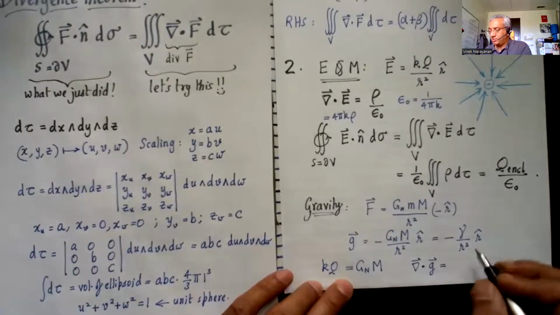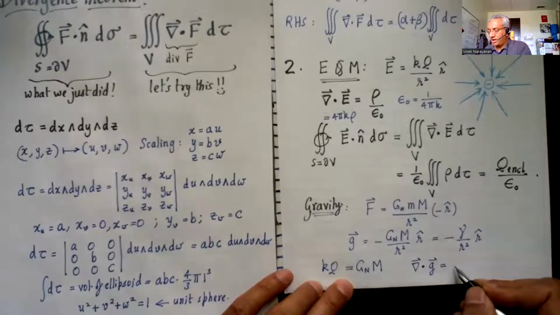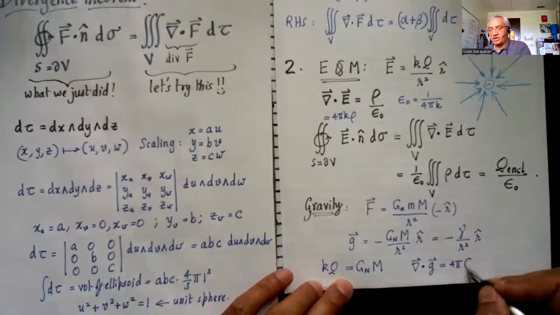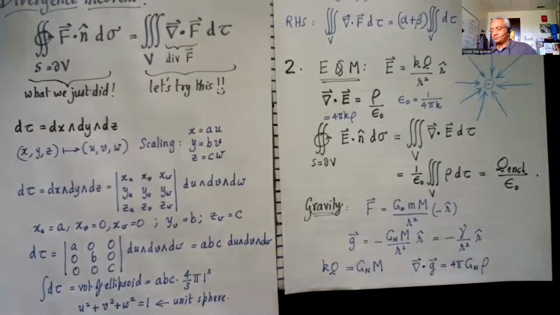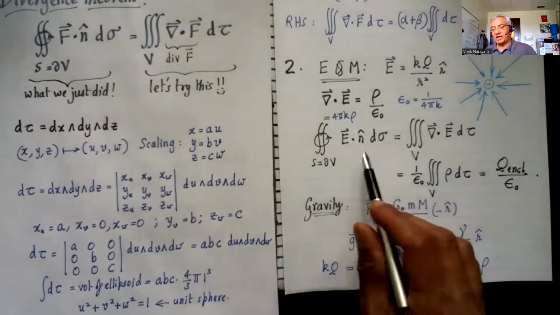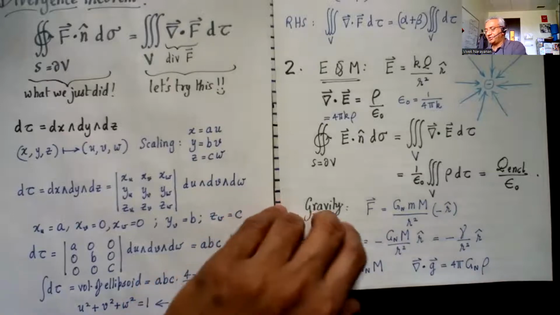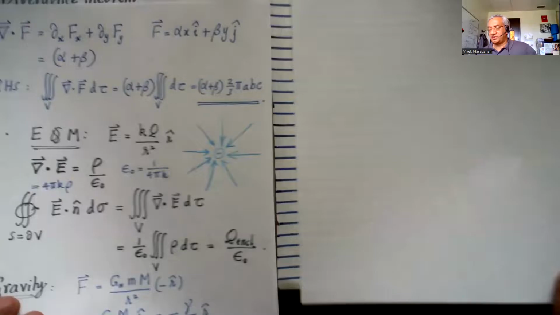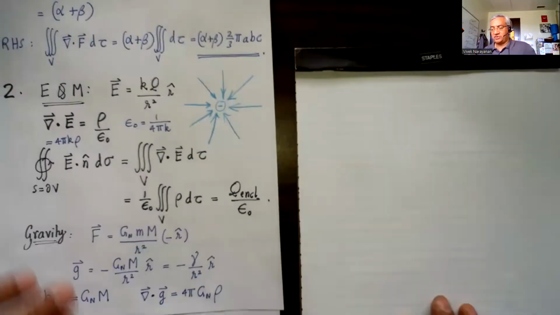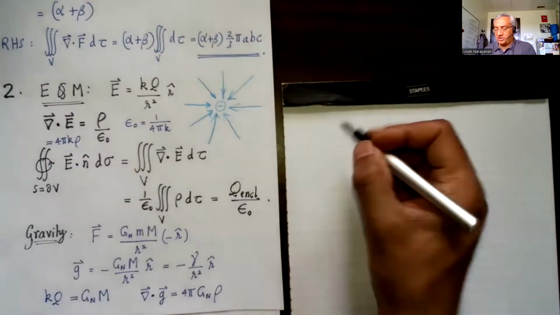Del dot G equals 4 pi G sub n times the mass density rho. And then if you apply the divergence theorem to it, we can find out the gravitational flux. So let's do that.